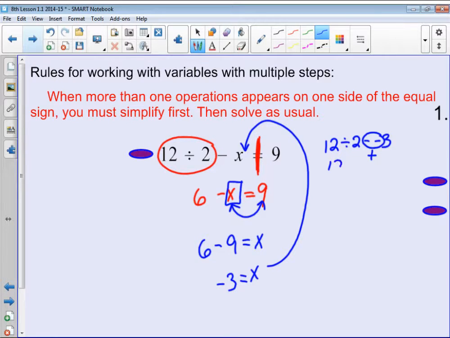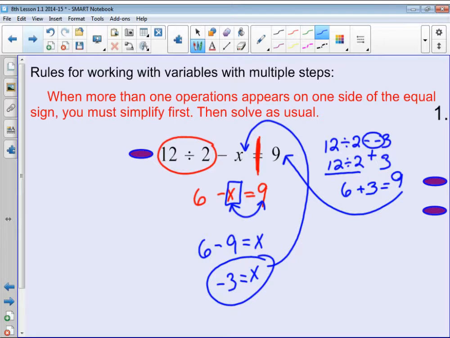So now it's 12 divided by 2 plus 3. Order of operations, PEMDAS, I have to do my multiply and divide. So I get 6 plus 3 equals 9. Did I have 9 here? I did, so I did it correctly. This is the correct answer. And if you're more comfortable using a calculator to double check yourself on those steps, that's okay.